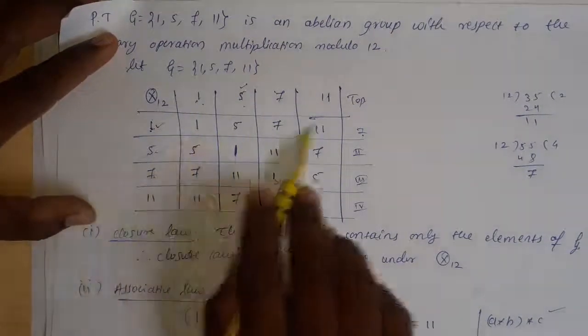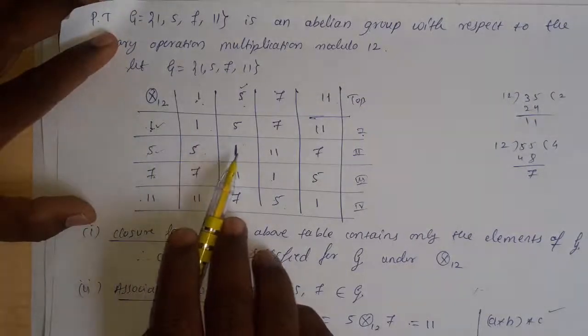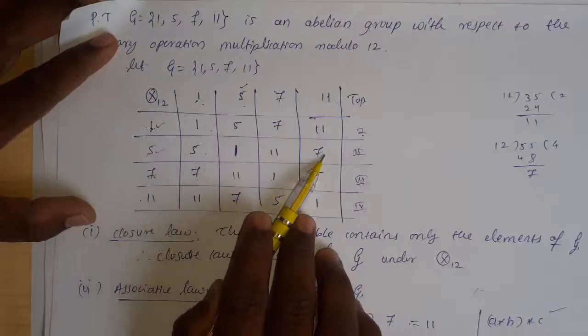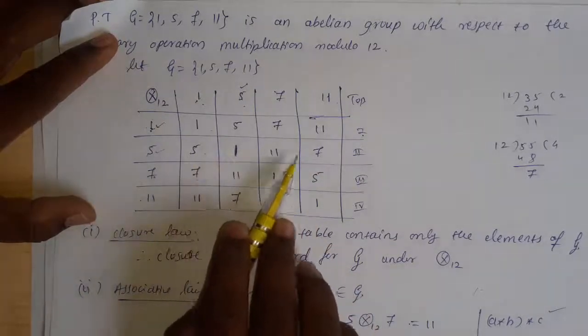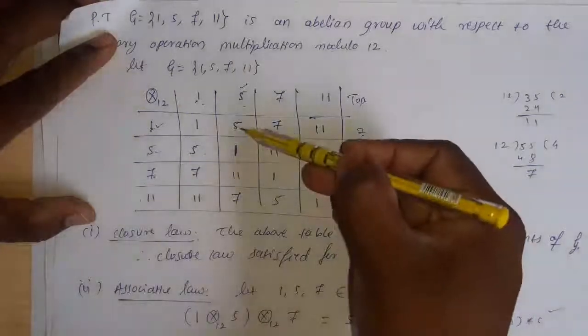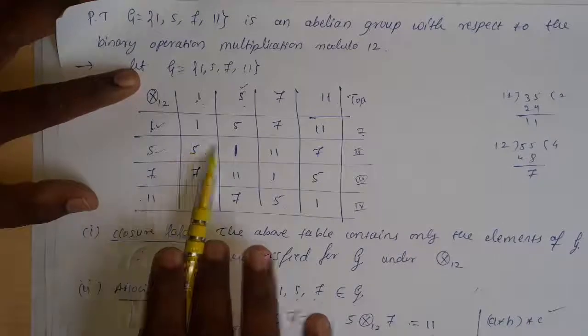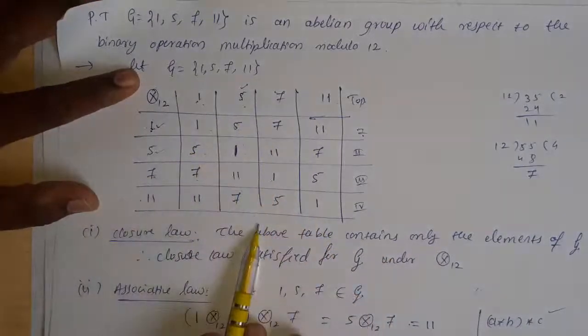So, the first row is the same as the first column. Then the second row 5, 1, 11, 7, and the second column 5, 1, 11, 7. So, the second row is the same as the second column.